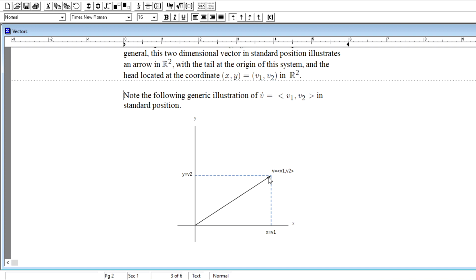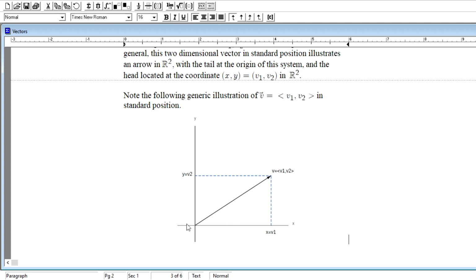I do have a little difficulty putting in vector and bold notation, so I clearly denote this vector with its component notation in this illustration. Take note. So this is a generic illustration of vector v. This is what we mean by a vector in 2-dimensional space.